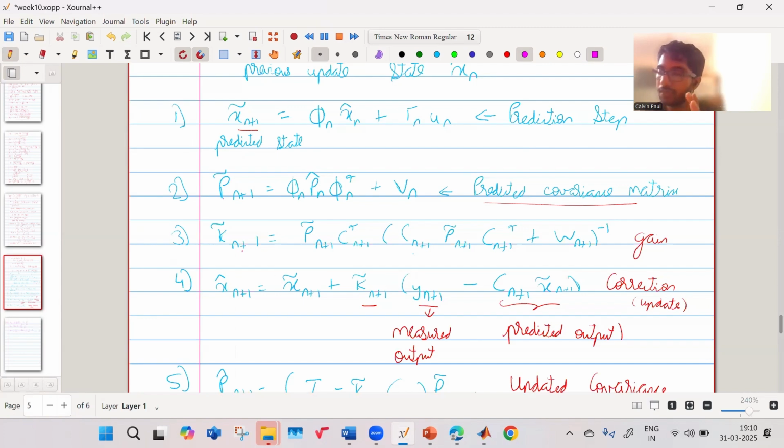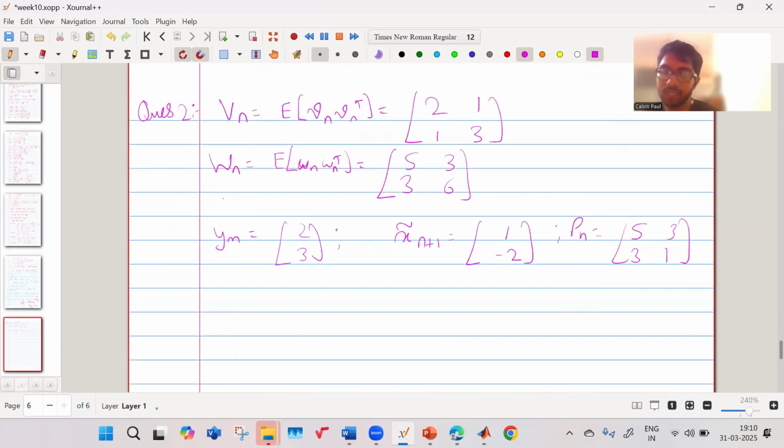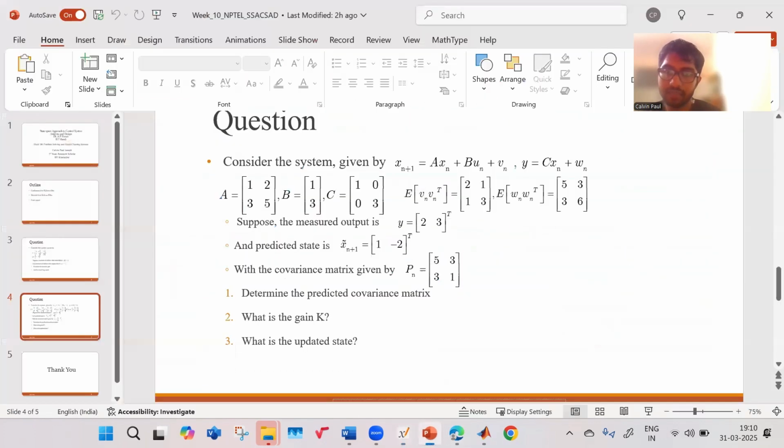Okay, now when I saw these expressions, you will be very shocked. What is phi n, what is gamma n, etc. In our case, we don't have phi n and gamma. So if you notice, in our sum, our xn plus 1 is A xn plus B un plus vn, and y is C xn plus wn.